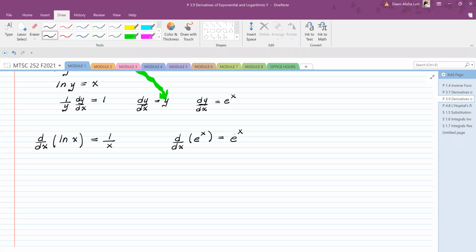But there was another really important thing. We learned that the derivative with respect to x of the natural log of u of x, what was that?